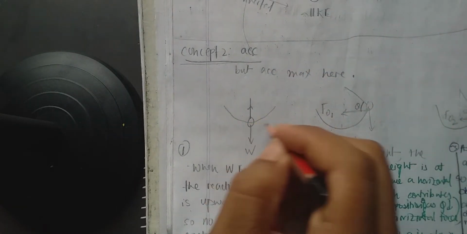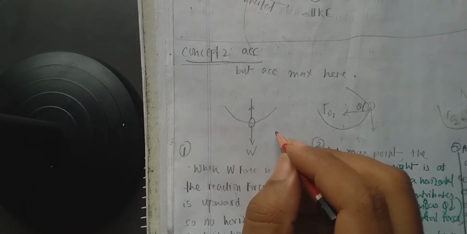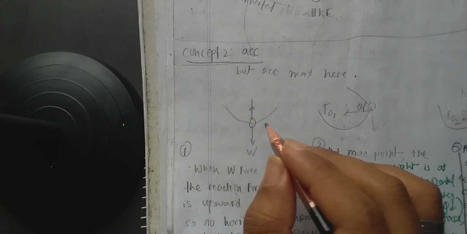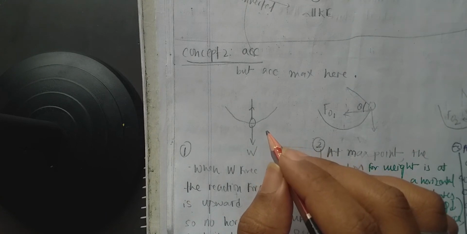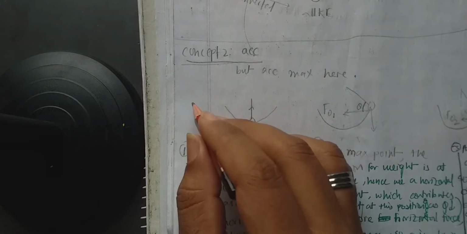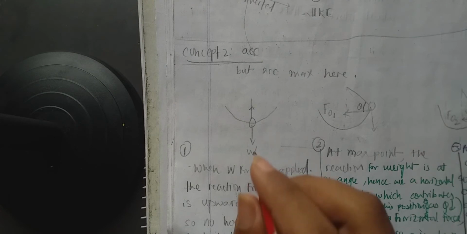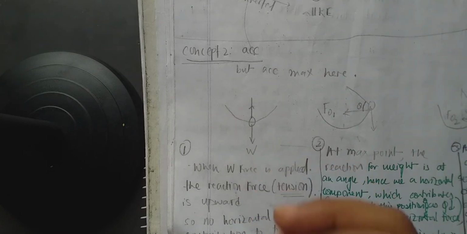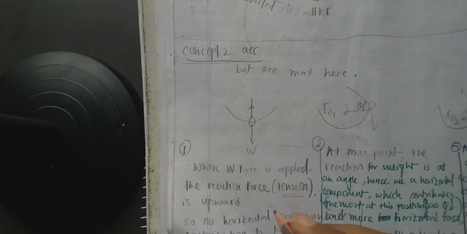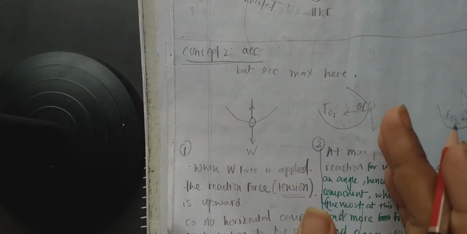So we see there is no horizontal force, or horizontal component, which can make it move. It might have velocity, which is because it was left from here, but acceleration has no relation. So the acceleration here is 0. The acceleration is related with force. If there is a resultant force, you get acceleration. So as there is no force, there is no acceleration here, though there might be a velocity.